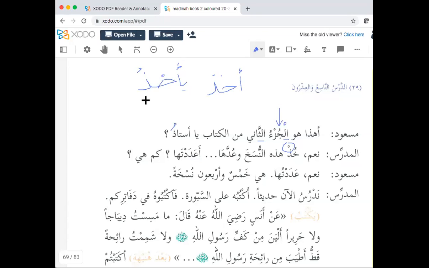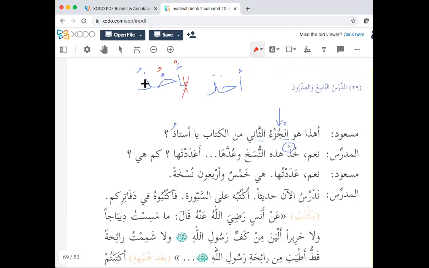Okay, I want to apologize again because of the trackpad of the writing. I'm not sure if that's actually clear now. Akhadha, ya'khudhu. Now here we want to make this into fi'l amr. What do we do? The first thing is you take away the harf al-mudari', and you're left with this hamza that has the sukoon on it, and the kha, ya'khudhu.